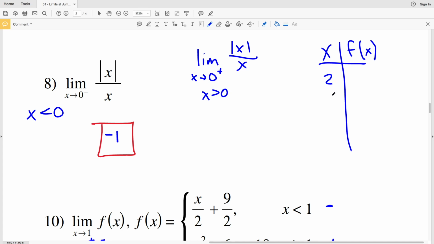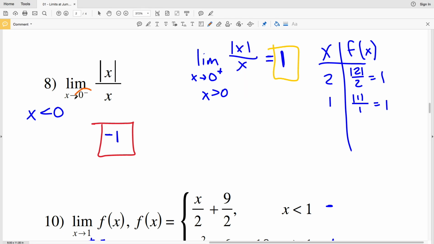So I'll do 2 and 1 to start. So that's the absolute value of 2 over 2, which is +1, and that's the absolute value of +1 over +1, which is 1. So you can see that limit, we can plug in another number such as 1/2. +1/2 divided by +1/2 is 1. So that limit is 1.